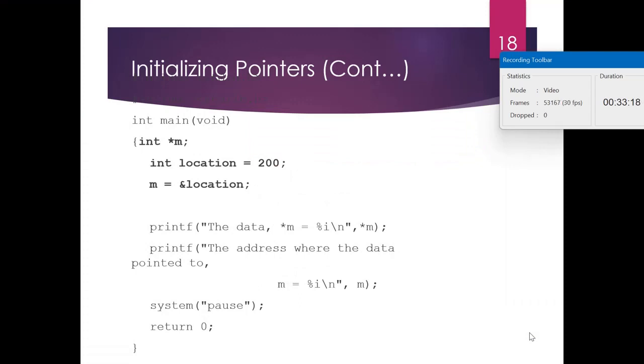In pointer m, there is a pointer variable m and location equal 200, that is an integer type value. M equal ampersand location, that means m equals the address of the location. M is the integer type pointer, no? Then printf the data pointer m. Pointer m equal what? What is the pointer m?